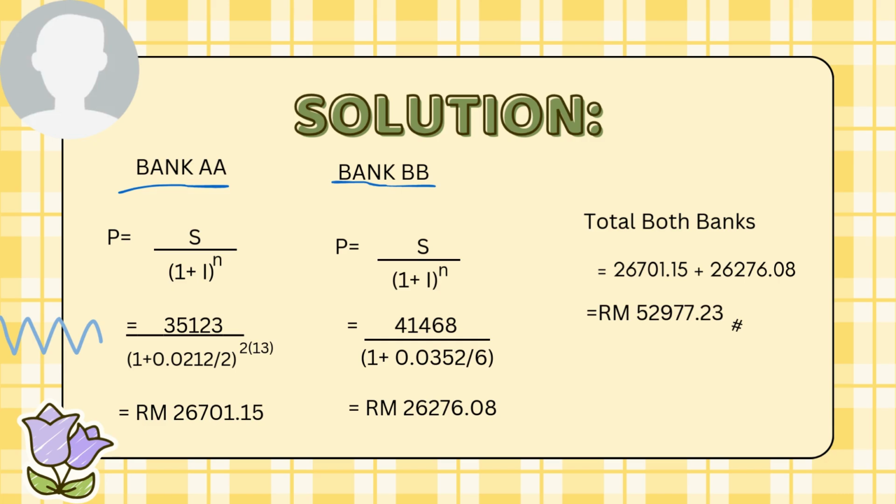Now for bank BB, you would get 26,276 ringgit and 8 cent. Now to get the total for both banks, you have to add the numbers of P together. You would get the final answer, 52,977 ringgit and 23 cent.